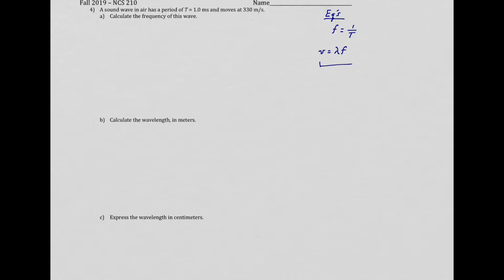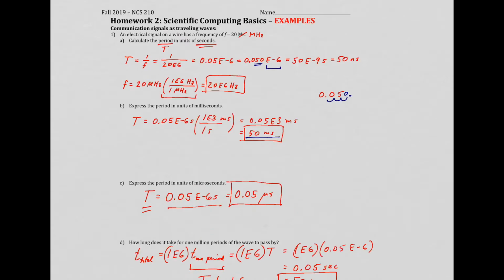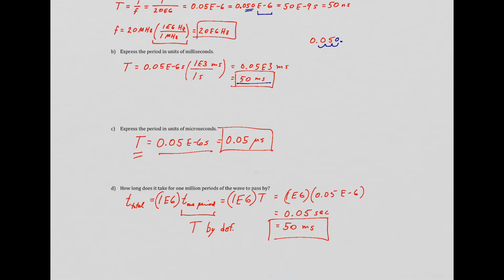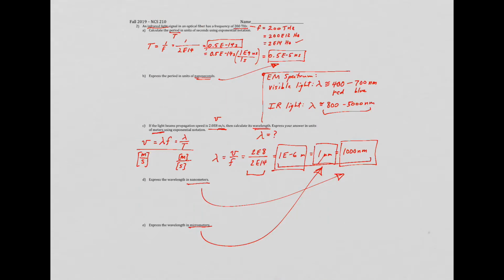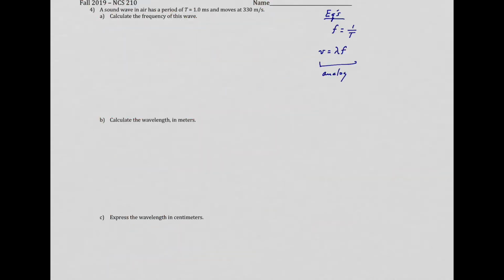These are for analog signals. And that's basically all we've used: f is 1 over T and v equals lambda f. T is 1 over f equals lambda over v. And then here I did distances, velocity times time.